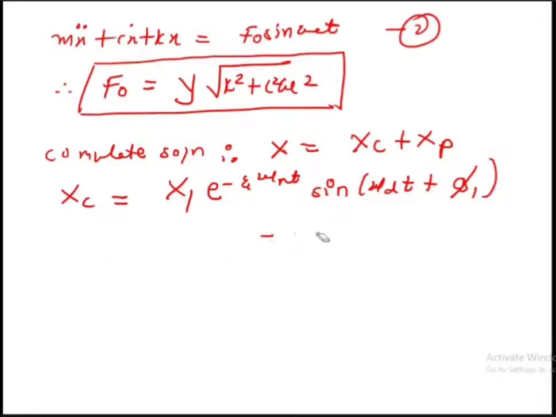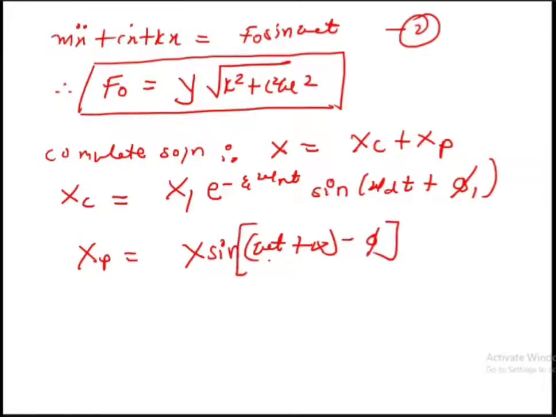So my particular integral for this equation will become xp equals X sine, I have to just take this omega t plus alpha and minus phi as it is. There is not only omega t, but it is omega t plus alpha, so I can modify this.